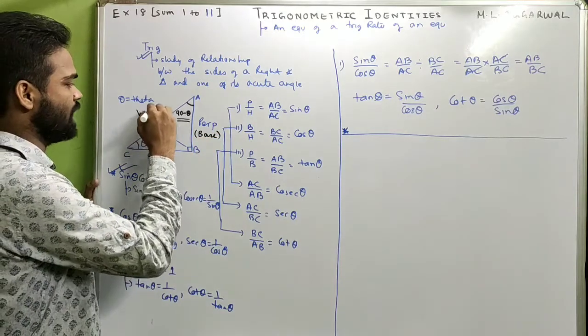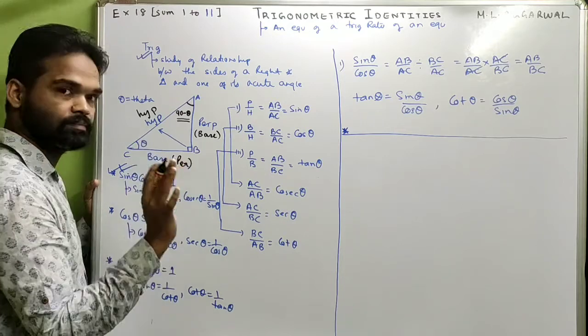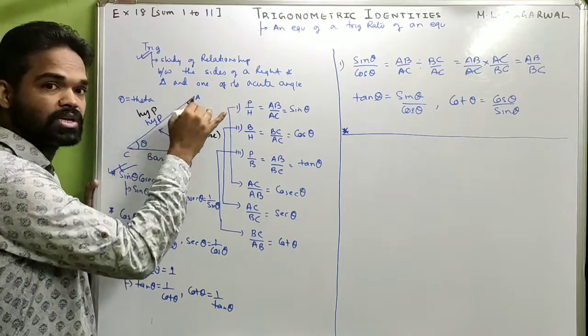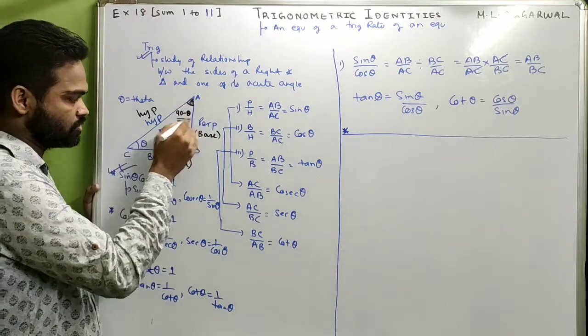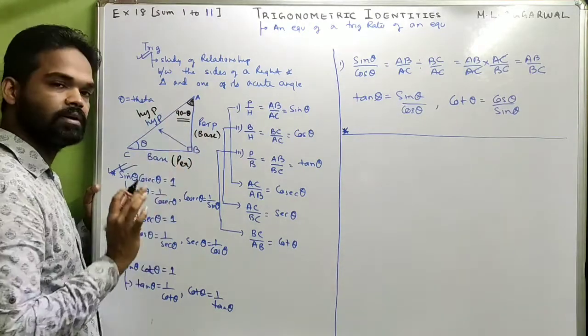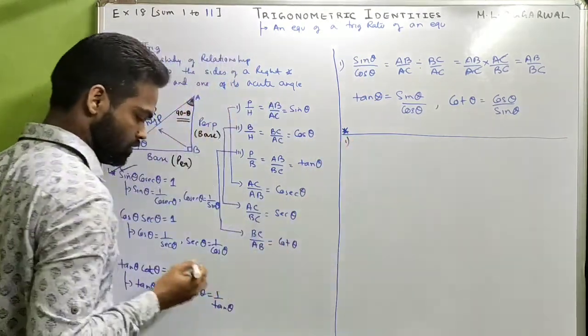This is the hypotenuse as it is, and this becomes your perpendicular. Remember that. Because with the angle, you have hypotenuse and base. Opposite to the angle, you have perpendicular. See, in this case, opposite to the angle theta, you have perpendicular. Over here, opposite to 90 minus theta, you have perpendicular.